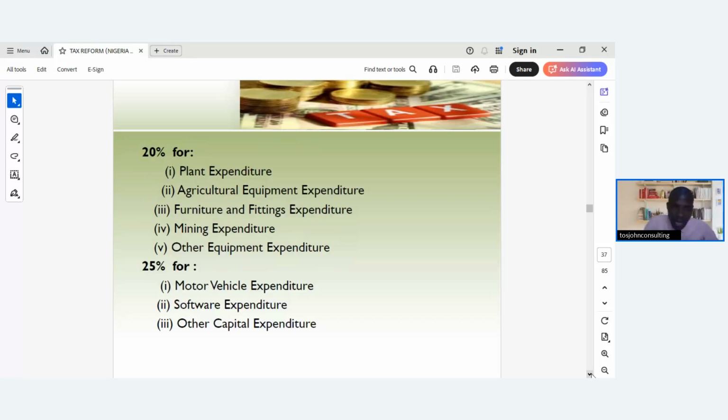Then 20% is for plant expenditure, agricultural equipment expenditure, furniture and fitting expenditure, mining expenditure, other equipment expenditure. Then for 25%, we have motor vehicle expenditure, software expenditure, other capital expenditure.